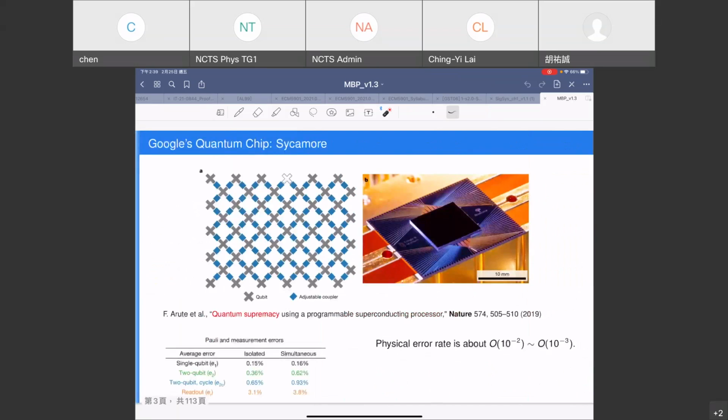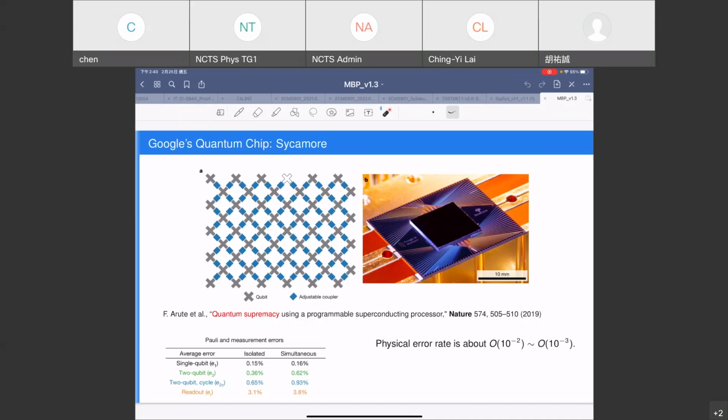So this is Google's quantum chip, from maybe two years ago. They have this qubit layout, you have seen this, right? Each cross here denotes a qubit, and they have 53 qubits here.